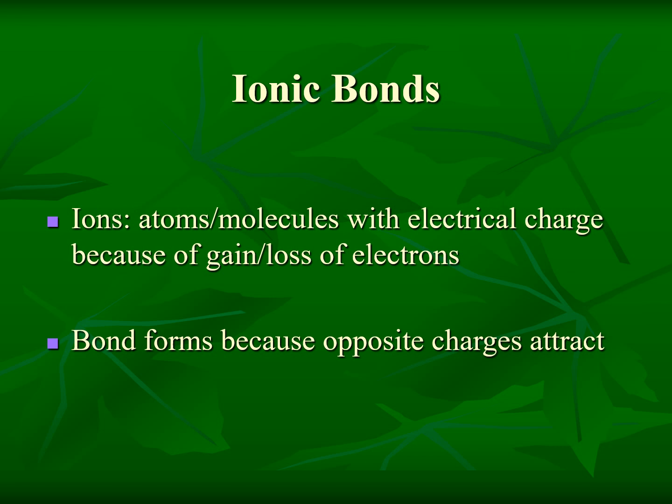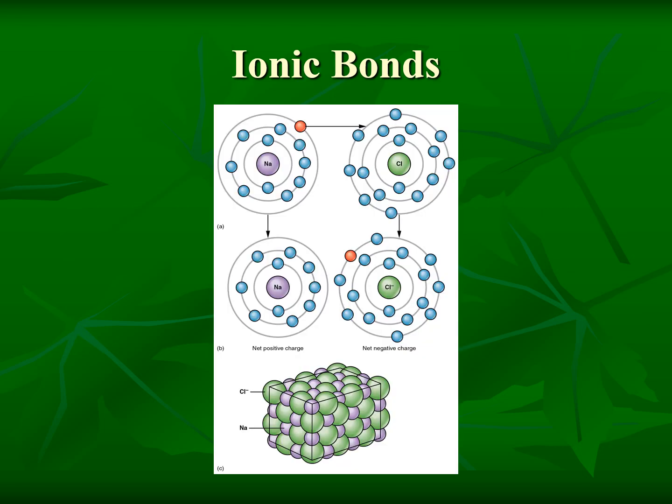That's going to give you a positive charge. If you gained an electron, that's going to give you a negative charge. Well, opposite charges attract. And so ionic bonds are formed due to the attraction between these opposite charges. How did these opposite charges form? Because of the gain or loss of electrons.